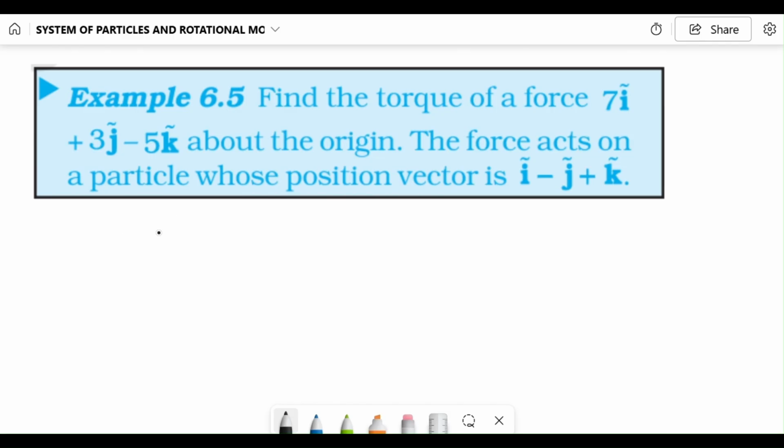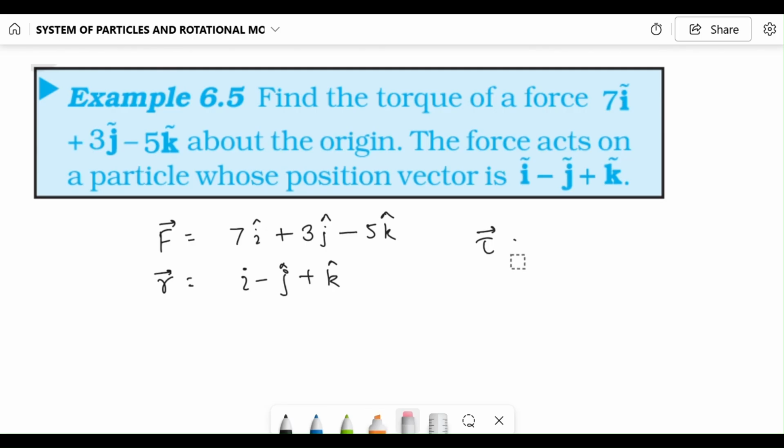We can just write the force acting is 7 i cap plus 3 j cap minus 5 k cap, and the position vector is i cap minus j cap plus k cap. We know torque for a single particle can be given as r cross F. So here we have tau equals r cross F.